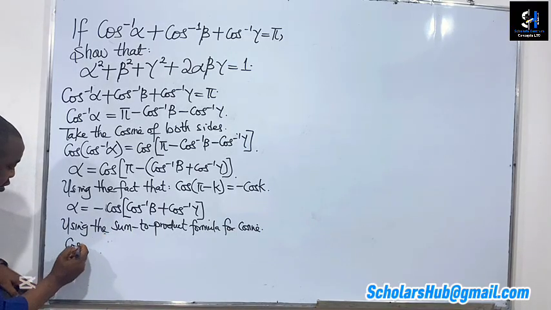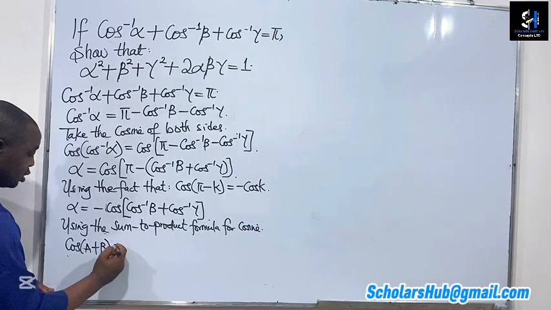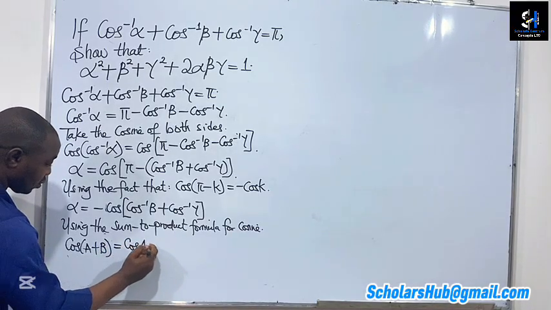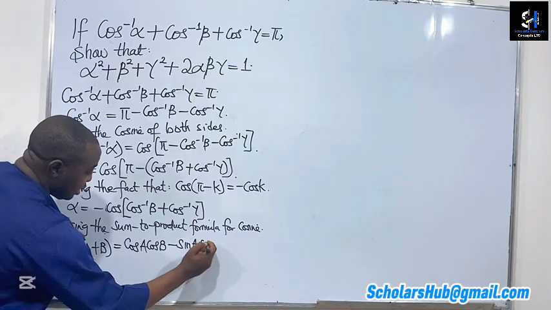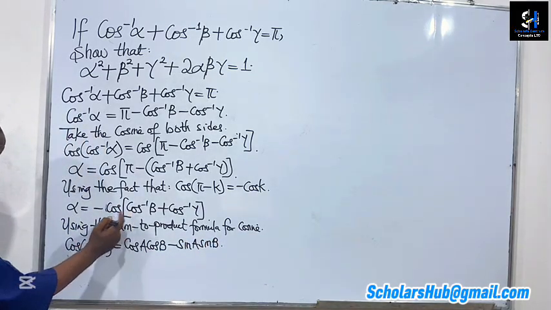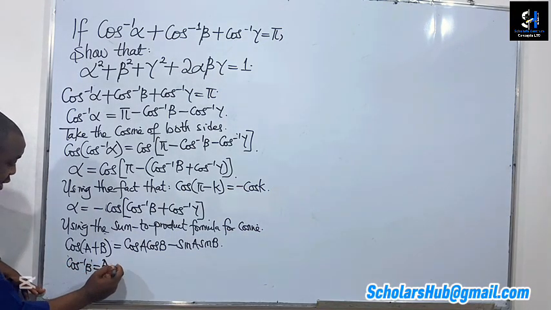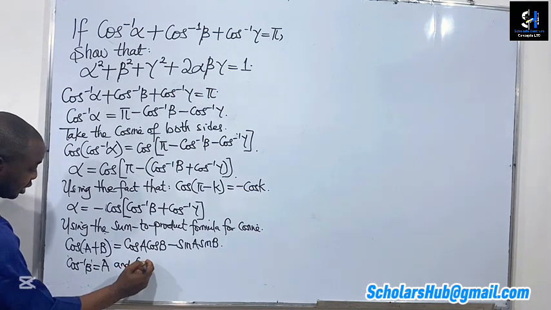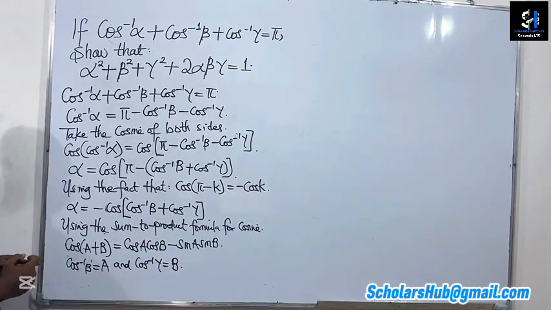Let's say we have cos of A plus B. This will be equal to cos A cos B minus sin A sin B, which means that inverse cos of beta is equal to A and inverse cos of gamma is equal to B.